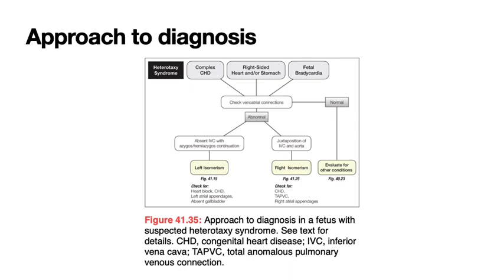All right, approach to diagnosis. The things that make you suspicious of heterotaxy: anytime there's complex congenital heart disease, you should be thinking of that. But certainly the other things that prompt these searches for heterotaxy include the heart's on the wrong side or the stomach's on the wrong side. And then lastly, fetal bradycardia.